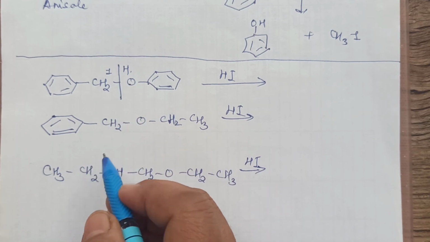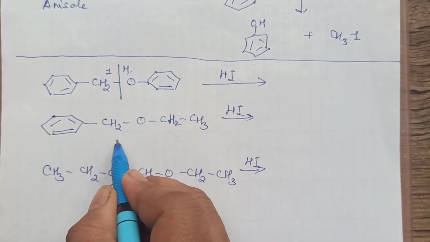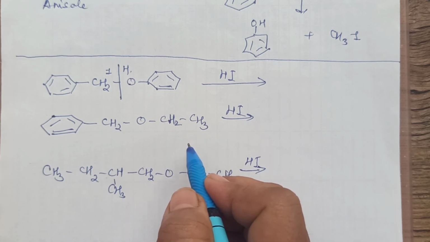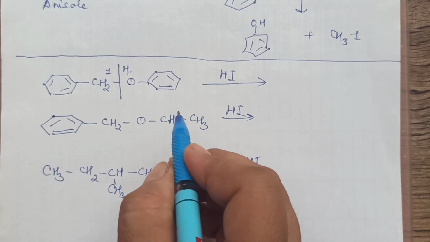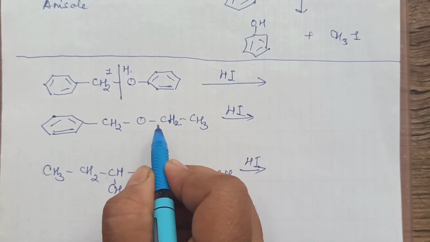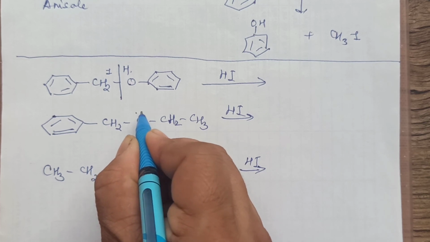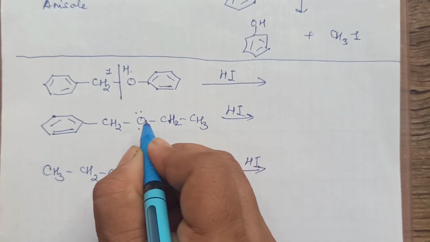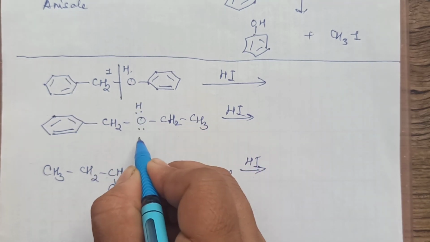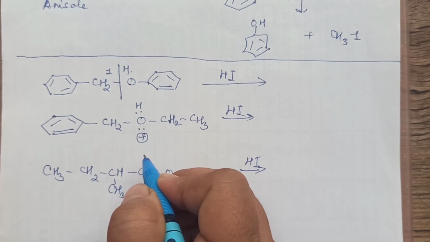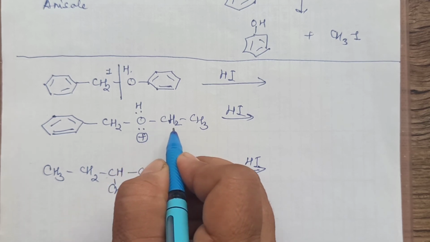What about this? You have benzyl on this side, ethyl on this side. Now how to see what will happen? Normally we say when the ring is not attached, which side do we have to see? Keep in mind there are two lone pairs over here. First step, H will get attached and O will get a positive charge. See, there is a possibility of a carbocation which is very stable by resonance. This side is ethyl.